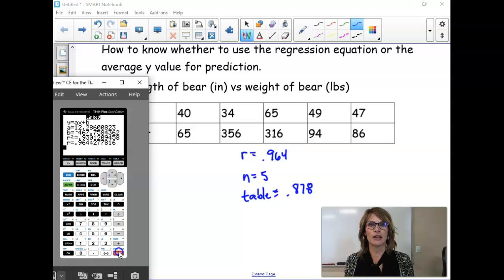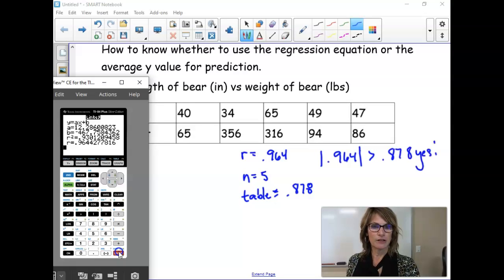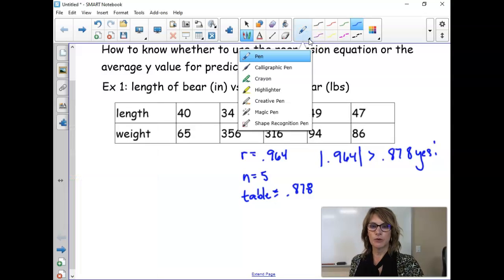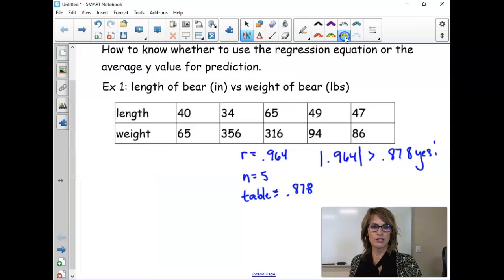So then we're going to check, is R bigger than the table value? The absolute value of R is greater than the table value. So yes, can we use the regression equation? Yes, we can. So let's do that.